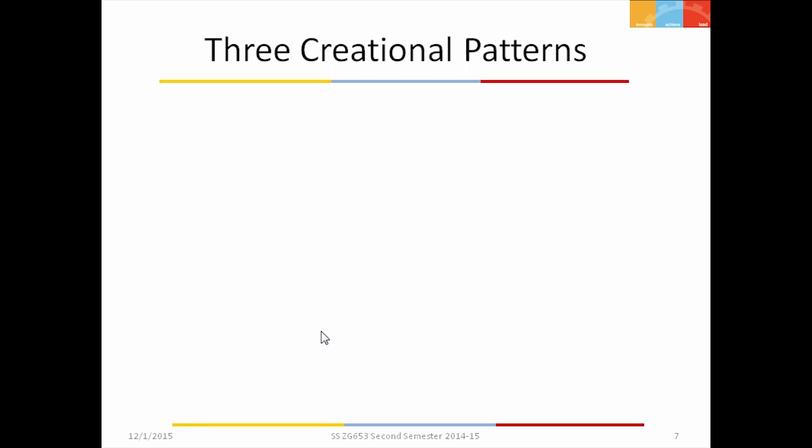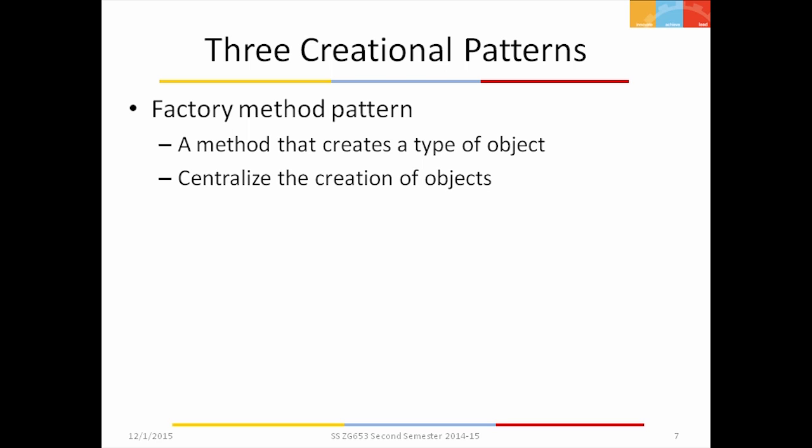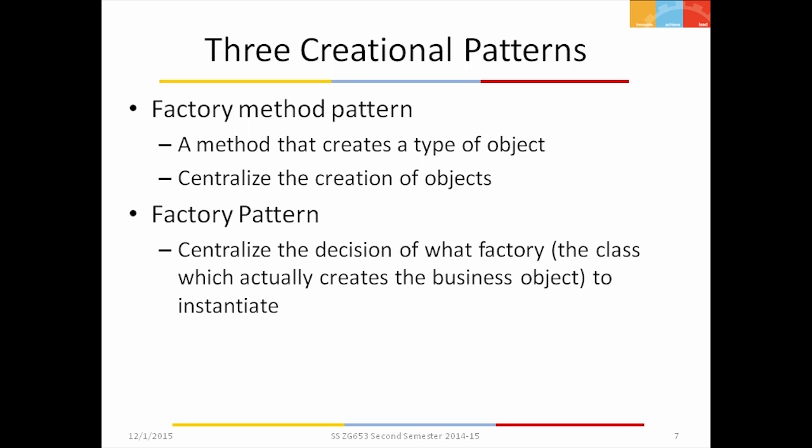So let's look at three important creational patterns. A factory method pattern, essentially it's a method that creates a type of object and it centralizes the creation of objects. Inside this method, the creation logic is there.